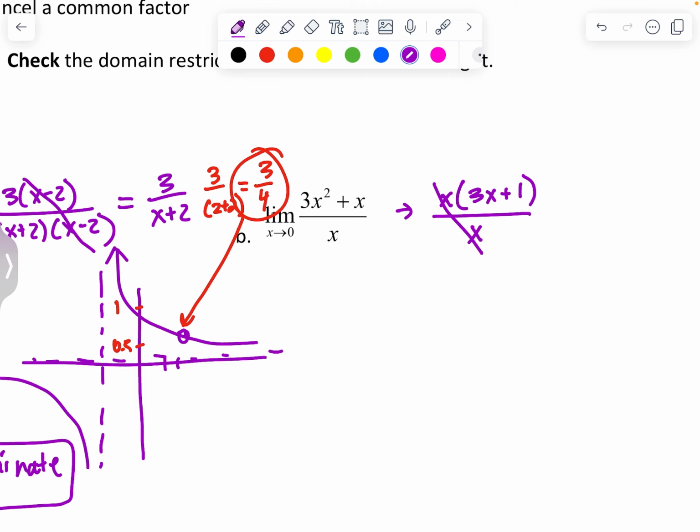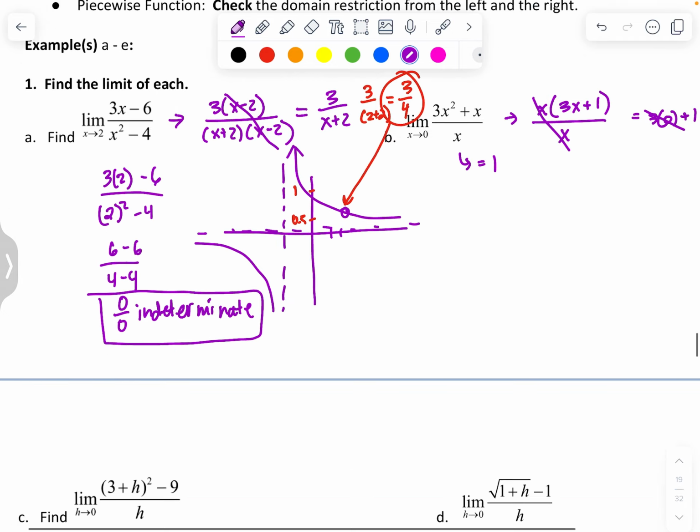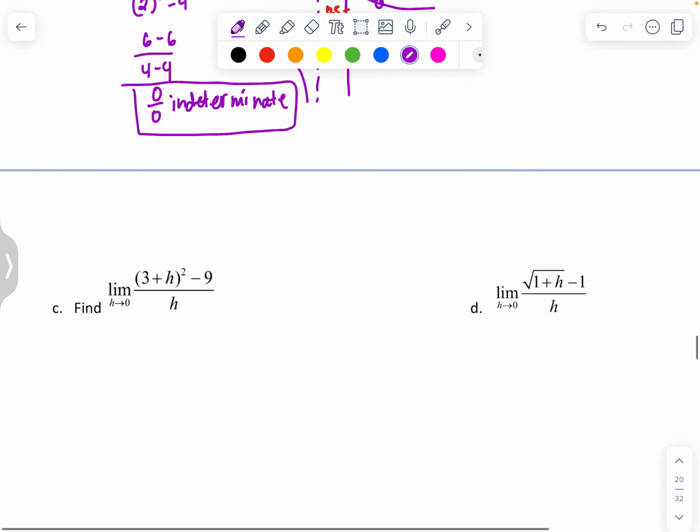The moment we plug in a 0 here, we end up with 3 times 0 plus 1. The 3 washes away with the 0, and this function's limit will be equal to 1. All right, pretty good. Last one.